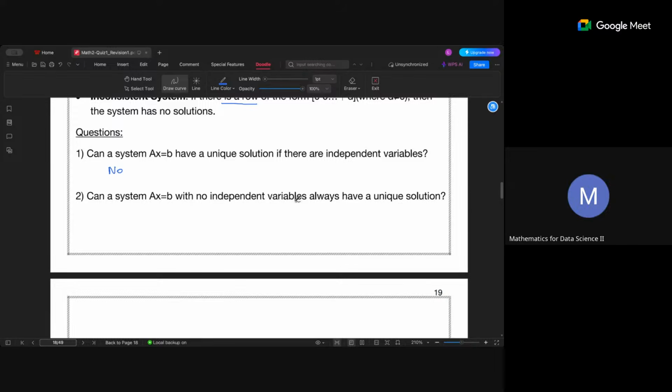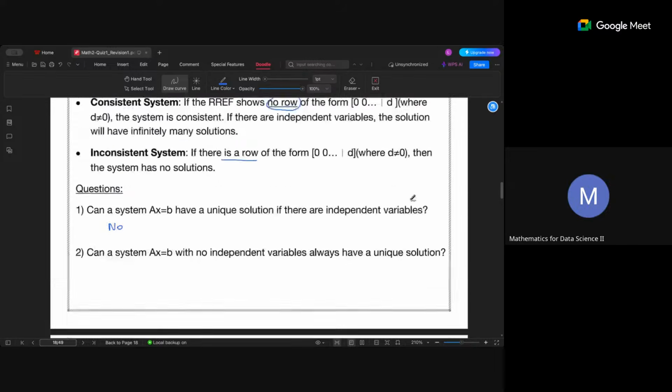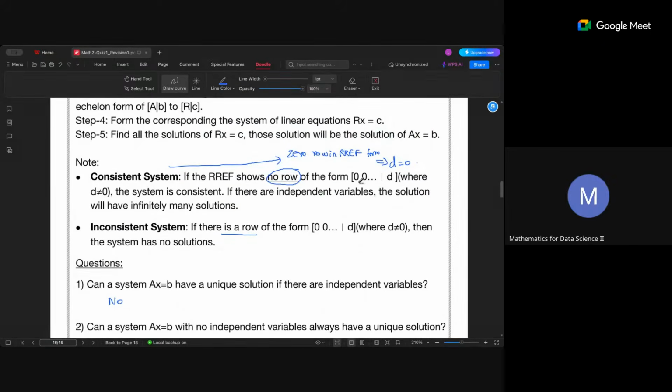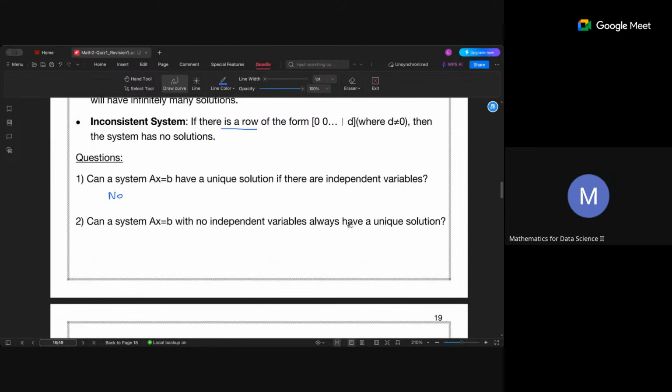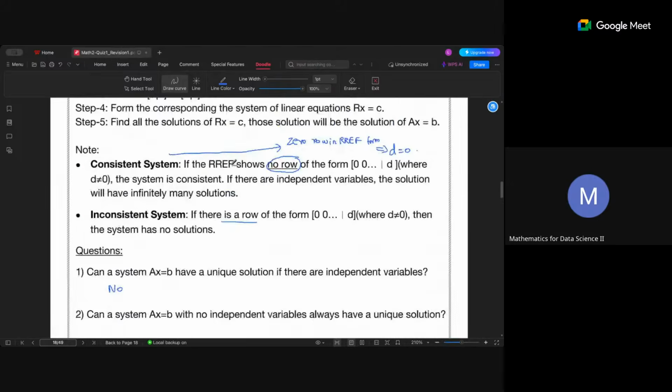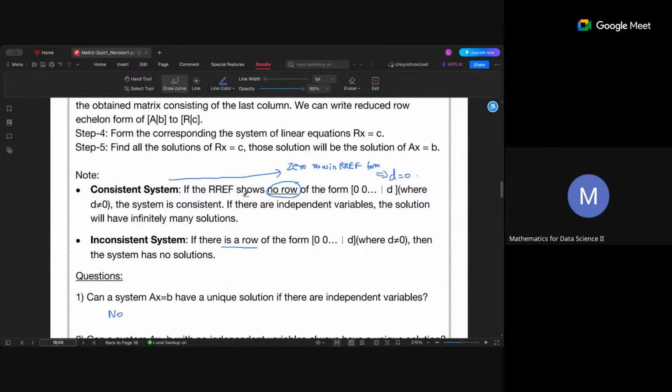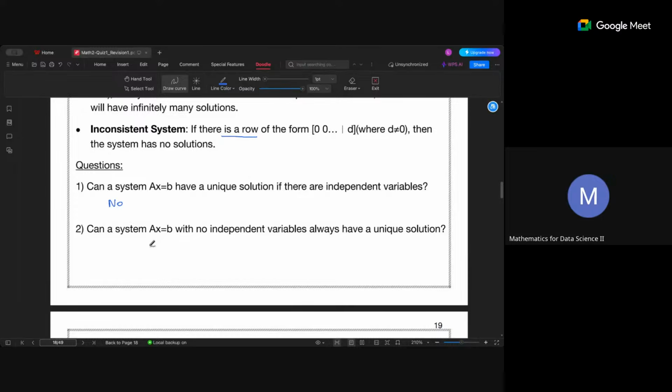Yes, that is something you need to be careful about. Only when you have this condition already given to you do you know that you have a unique solution. Without this condition, you cannot guarantee it. You have to be careful whether this B belongs to the range or not. This condition comes first and only then are we talking about this. So here the answer is no.